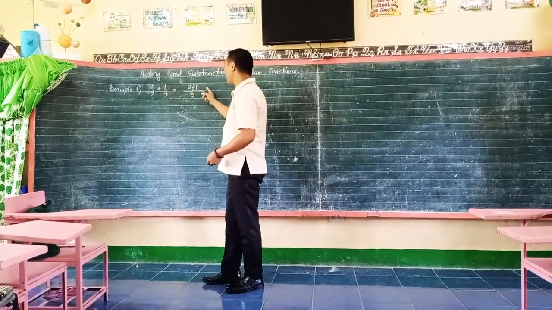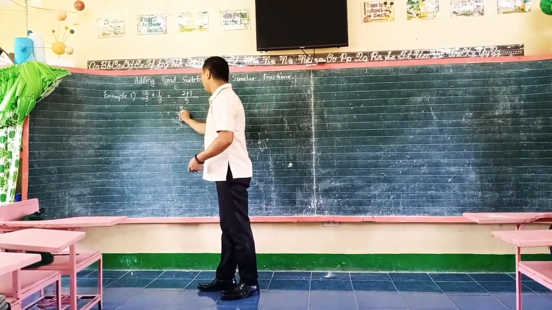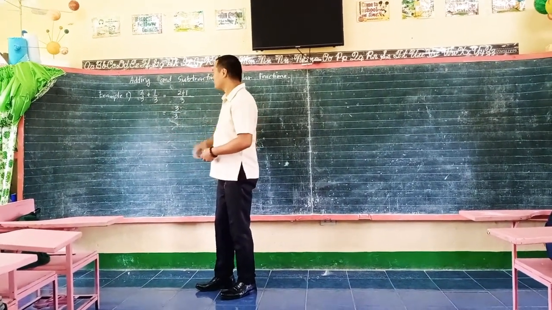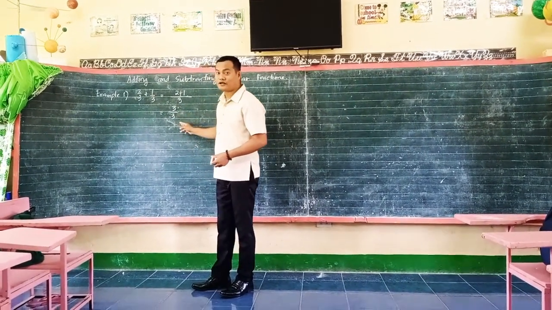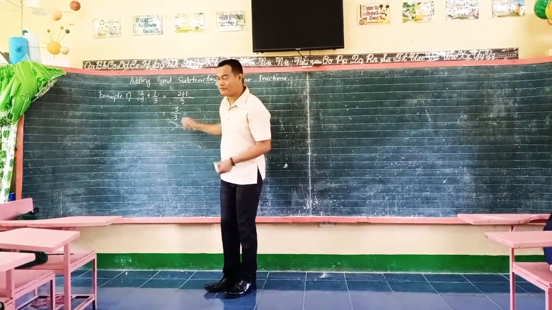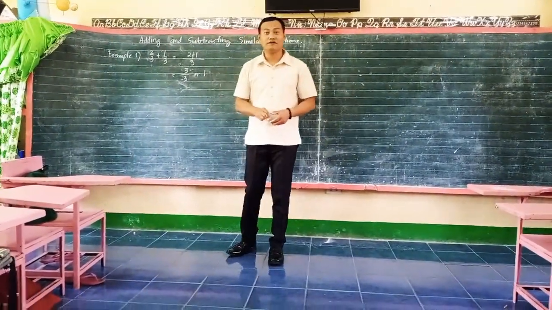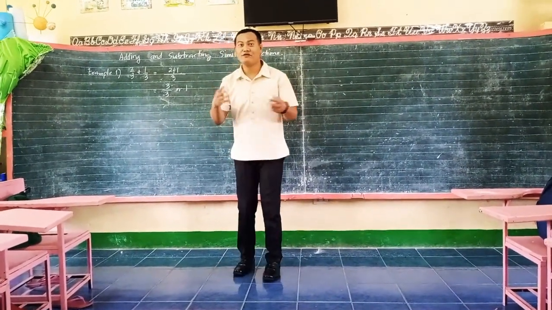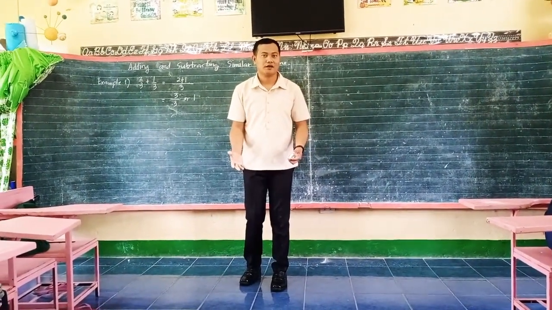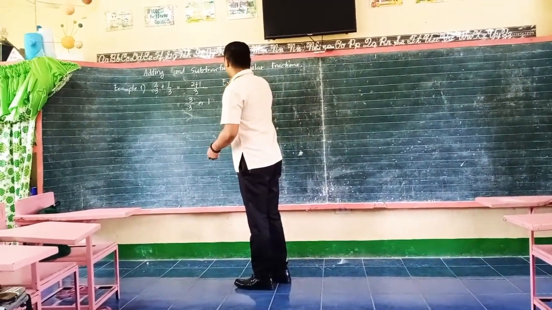So 2 plus 1 is equal to 3 over 3. Alright, so 2/3 plus 1/3 is equal to 3 over 3, and in its simplest form, that is equal to 1, because 3 over 3 is equal to 1. Can you follow? Very good. Let's consider another example.